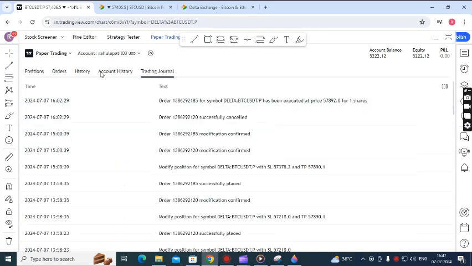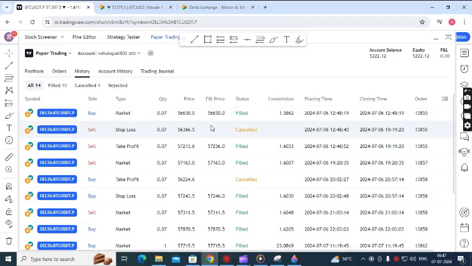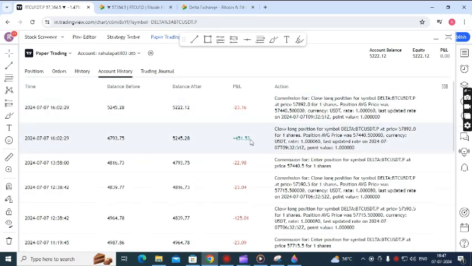So if we see here, it was properly filled at the price of 56,650, I think, and the stop loss order got cancelled. So 56,650 was our target in this trade, and we got a profit of $451. Now our account value is more than 5,000.